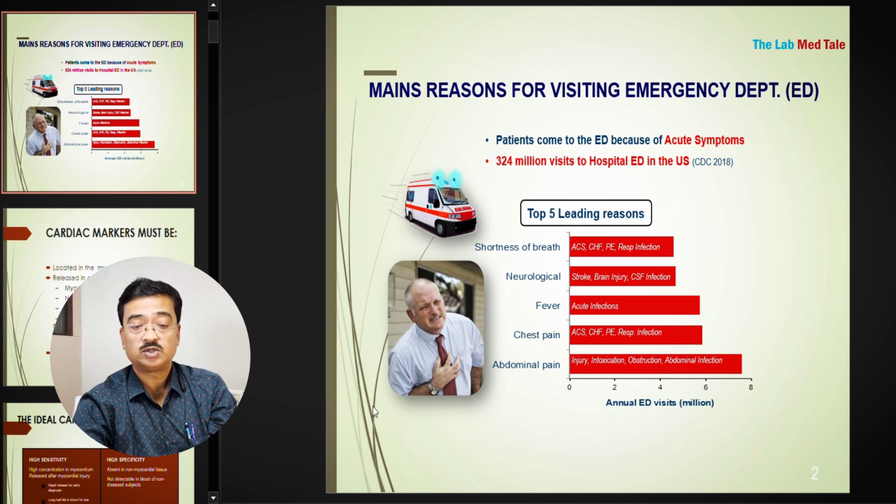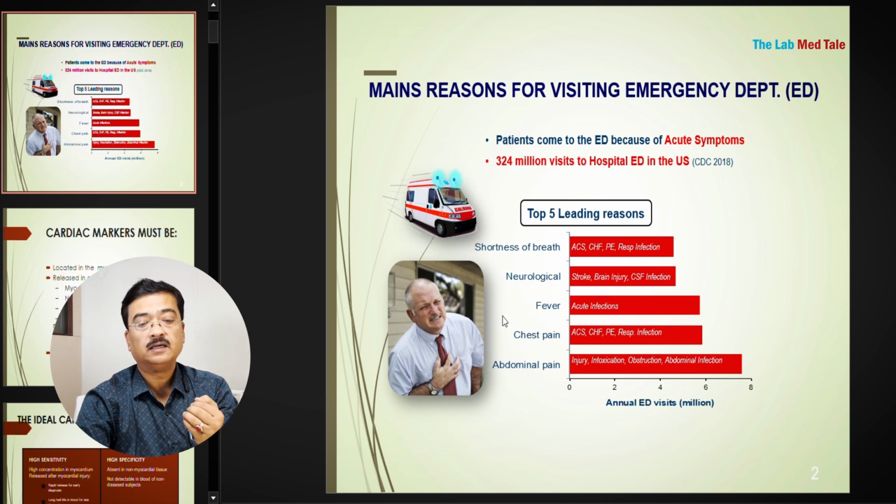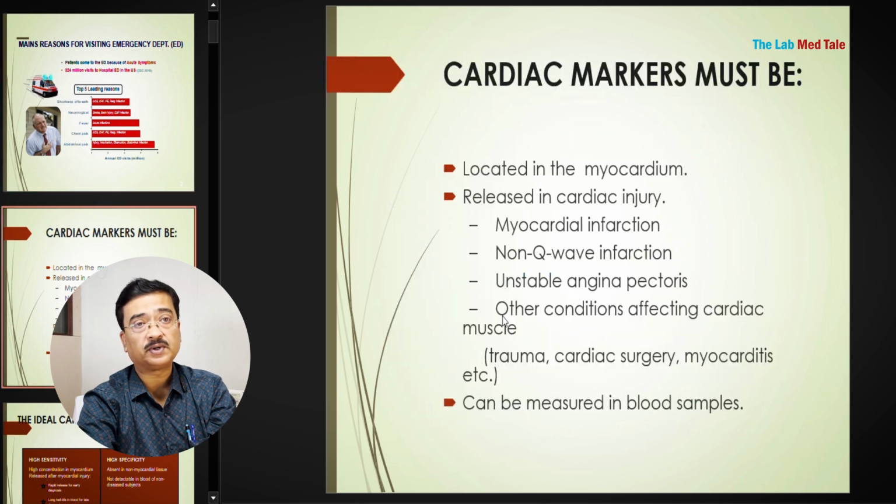Chest pain is also one of the reasons, and abdominal pain is one of the reasons. But out of 5 emergencies, 2 are cardiac related: the shortness of breath and chest pain, which are the very common reasons for a person reaching the emergency for treatment. So you can understand how important it is to know about these cardiac markers.